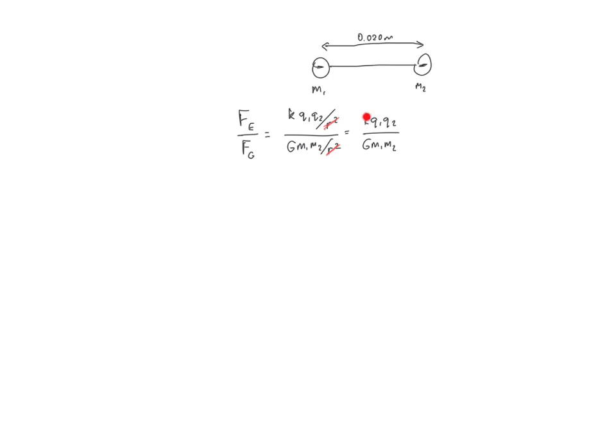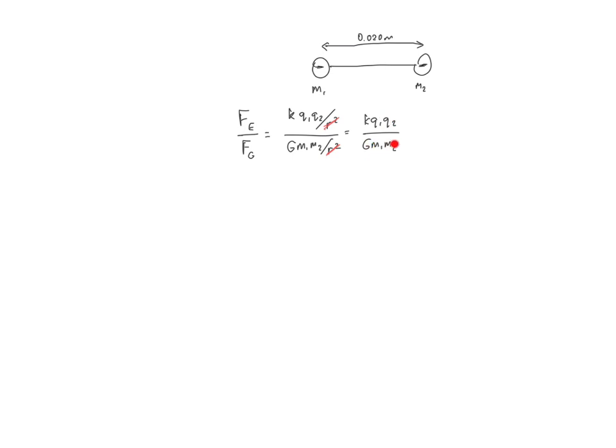K is 9 times 10 to the 9th. The G was 6.67 times 10 to the -11. Both Q's are 4 times 10 to the -9th. Remember, you don't have to include the negative sign on the actual charge itself. That -4, just make it a +4 for both charges.